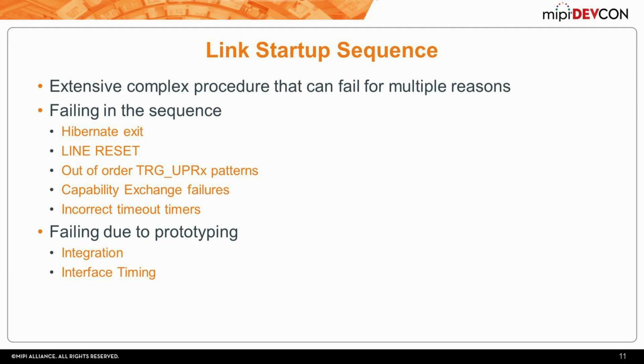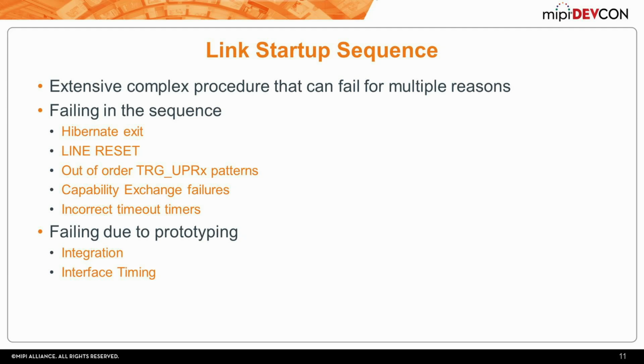Like I mentioned before, I have seen users spend multiple weeks on the link startup sequence, and they were using a non-working UFS host and MIPI. And they were sure that the integration that they have done was correct. They were sure that the MIPI that they were using was working correctly, and they were sure that their UFS host was correct.